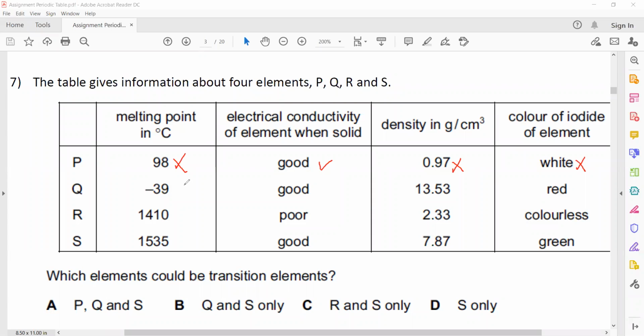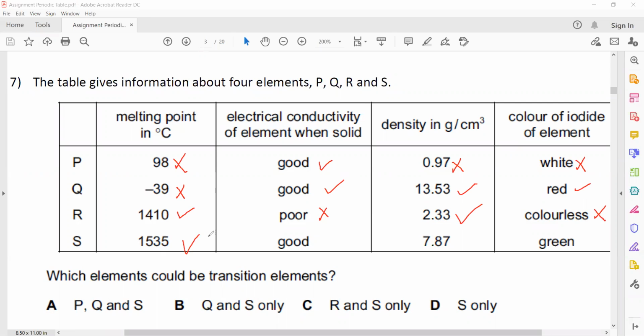When you check Q: very low melting point, electrical conductivity good, density good, and color is there. But one cross is there, it means this cannot be. This has a high melting point, but it should conduct electricity, but it is not. Density, it's 2.3, is high, but I can consider this, but it is forming a colorless compound, so two crosses.